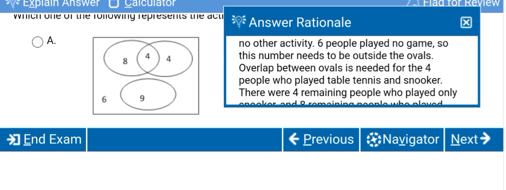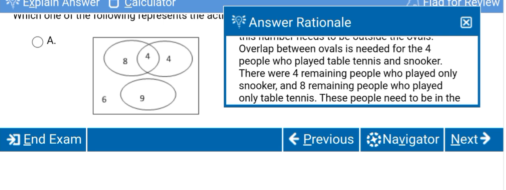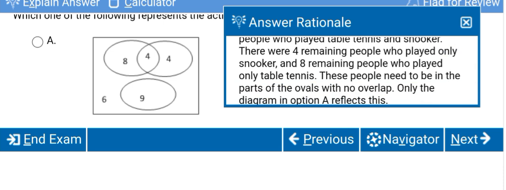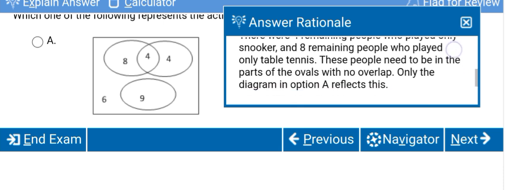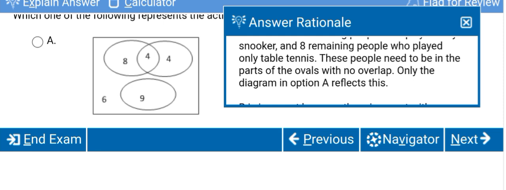Overlap between ovals is needed for the 4 people who played table tennis and snooker. There were 4 remaining people who played only snooker and 8 remaining people who played only table tennis. These people need to be in the parts of the ovals with no overlap.